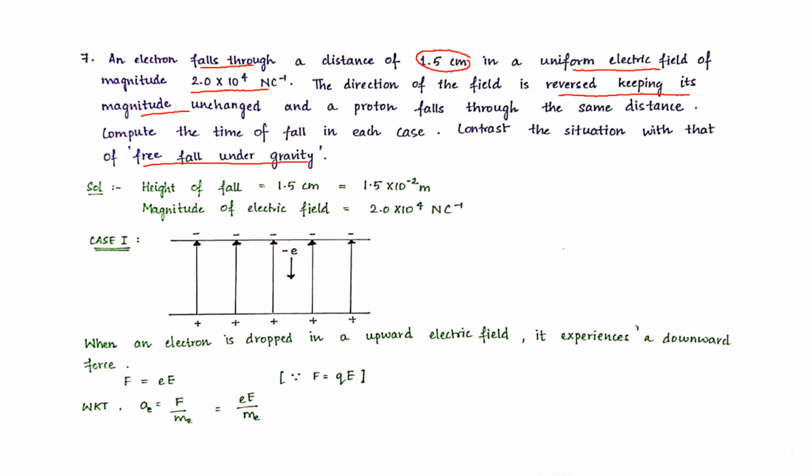So here we have three concepts: a concept of electron, another concept of proton, and then the last concept of free fall under gravity.